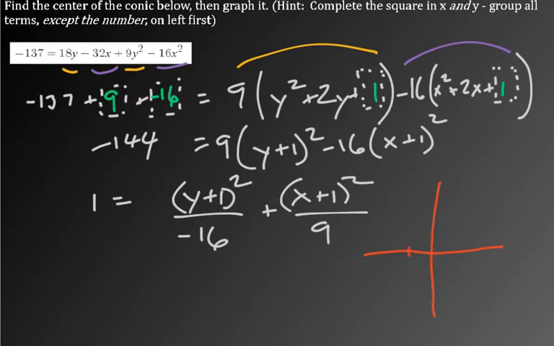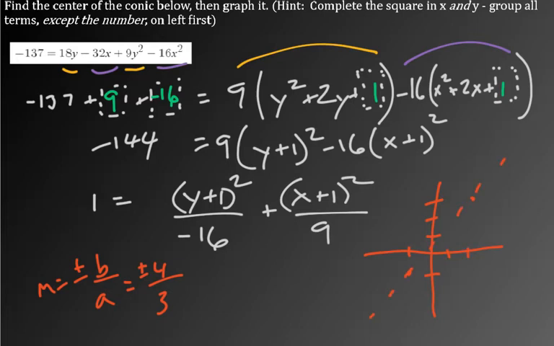The center is -1, -1, right? The slope of the asymptotes, again, is b over a, and b is 4, and a is 3. And so from the center, I'm just going to go up 4, so 1, 2, 3, 4, and then I'm going to go over 3, so 1, 2, 3, so right about there.